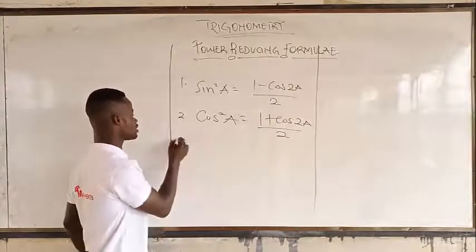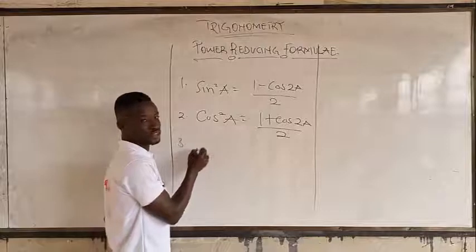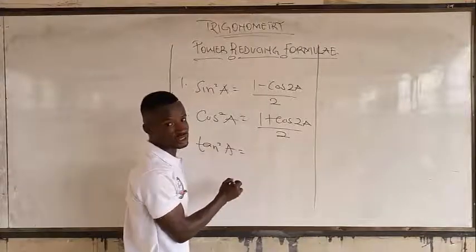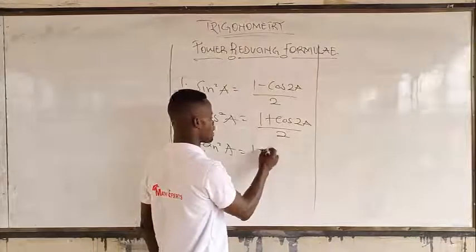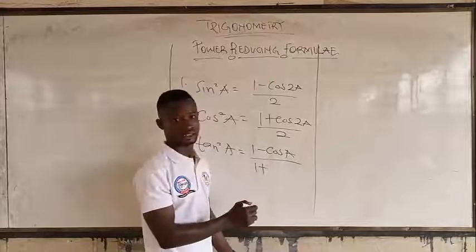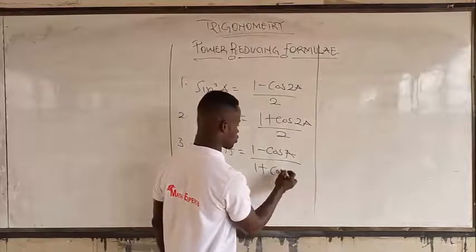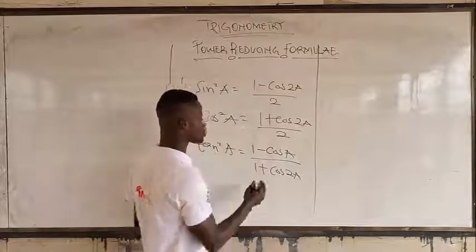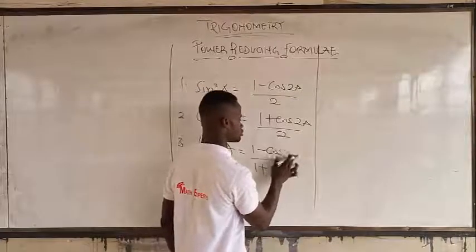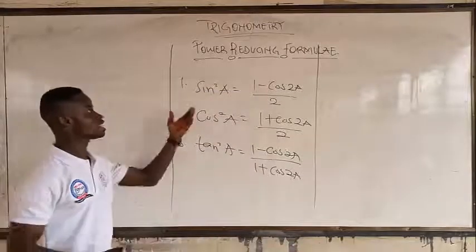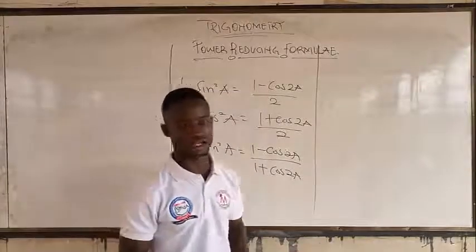Then for the tan, we base it on tan squared A, which is equal to 1 minus cos 2A over 1 plus cos 2A. Very good. So these are the three formulas for power reducing.